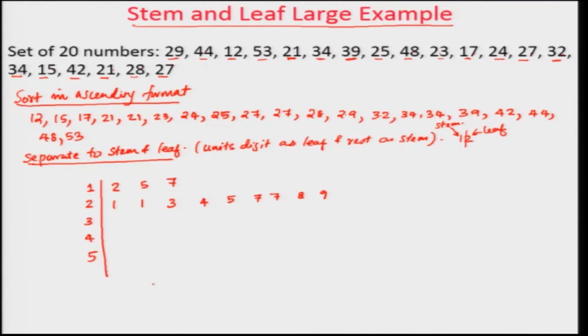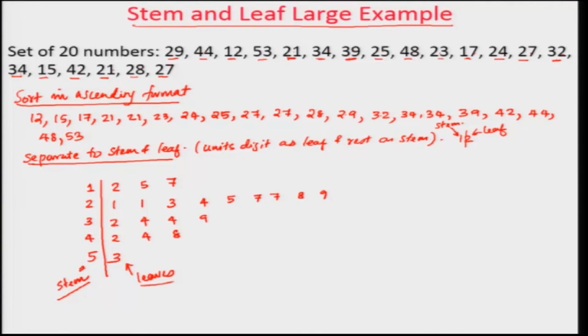Then in 3 you have 2, 4, 4 and 9, and in 4 it is 2, 4 and 8, and in 5 it is 3. Okay. So, this is the stem and leaf system. Here is your stem, this part, here are your leaves, this part.